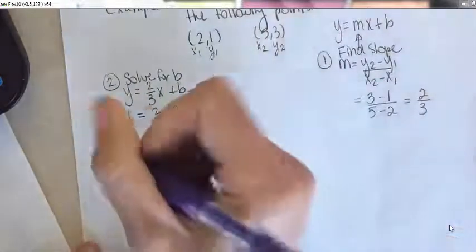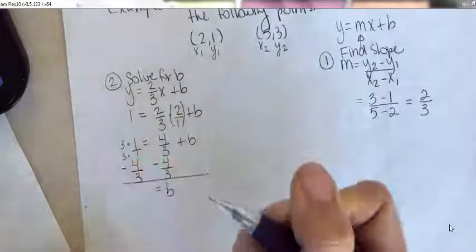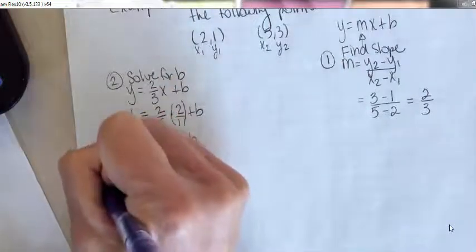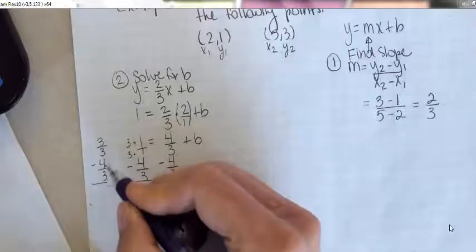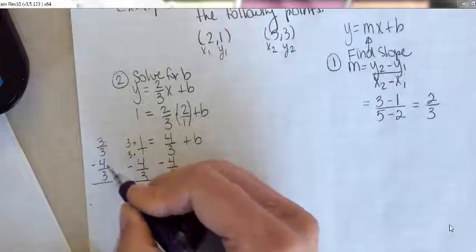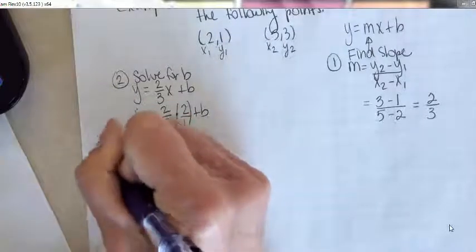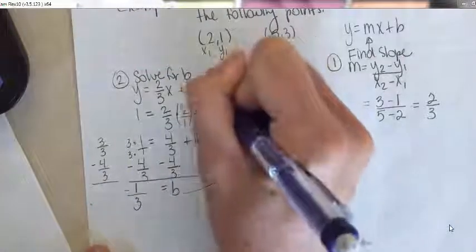We're going to get common denominators. So common denominator of 3. I'll just write it off here to the side. So this is 3 over 3 minus 4 over 3. As long as I have common denominators, then all I do is subtract the numerators. 3 minus 4 is -1. So this is a -1 over, and the denominator stays the same. So b is -1/3.